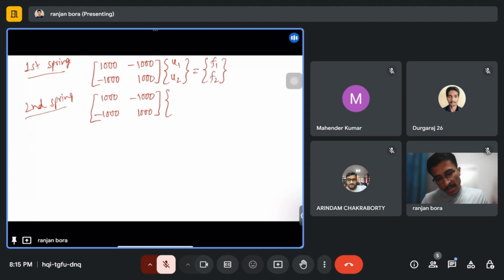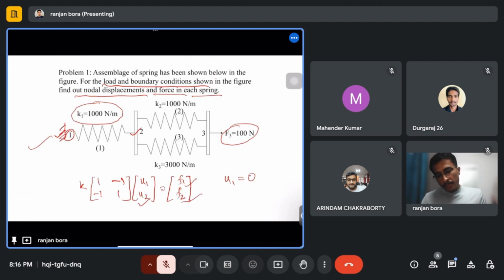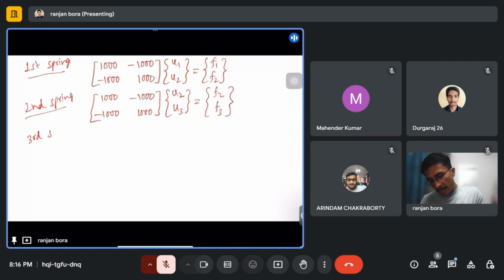For the second spring, the nodes are 2 and 3, so it will be u2, u3, and the forces are f2, f3. Third spring, it is 3000.